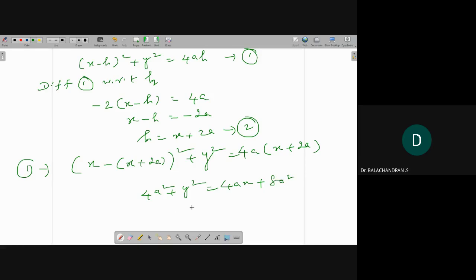So y square equal to 4ax plus 4a square, that is y square equal to 4a into x plus a. So this is the final answer for the problem.